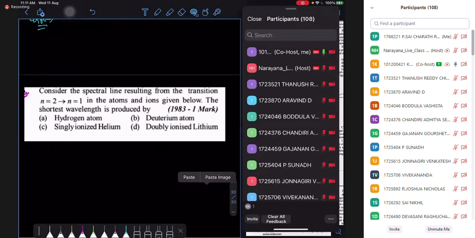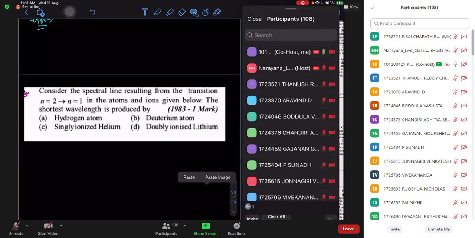So that was: consider a spectral line resulting from the transitions in the atoms and ions given below. The shortest wavelength is produced by which one?